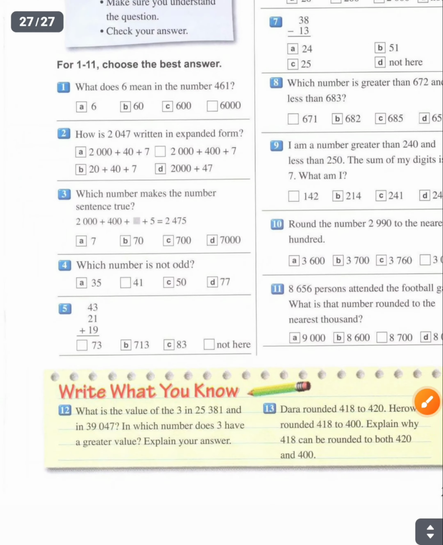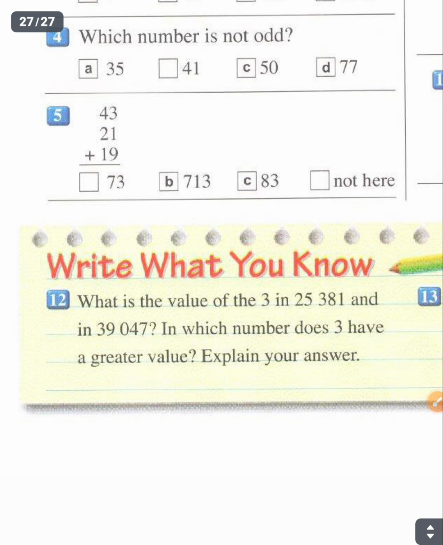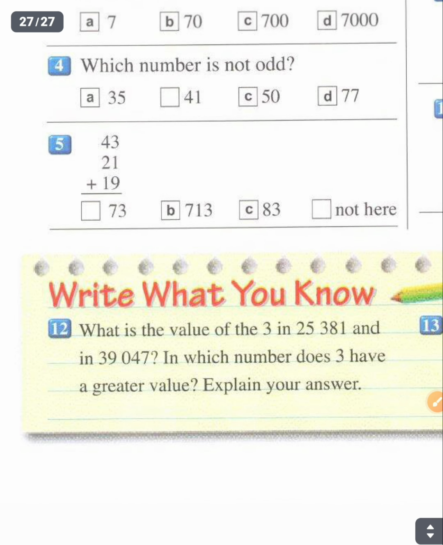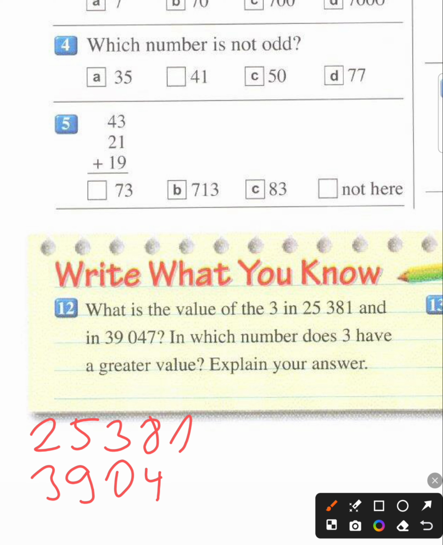Okay, and write what you know. What is the value of 3 in 25,381 and in 39,047? Okay, you must write 25,381, 39,047. What's the value of 3? Ones, tens, hundreds.